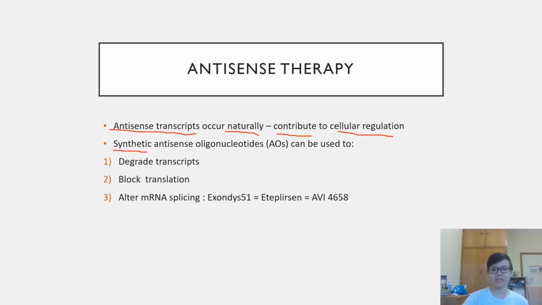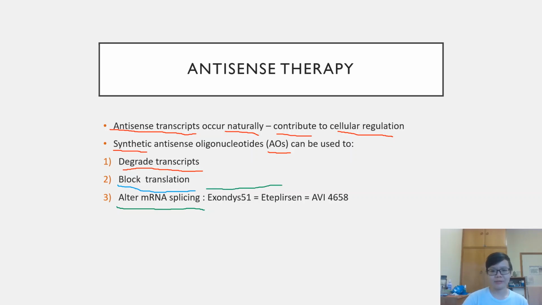So the antisense oligonucleotides, or AOs, can be used for 3 different things. First, they can degrade your transcripts. They can block translation. And they can alter mRNA splicing.